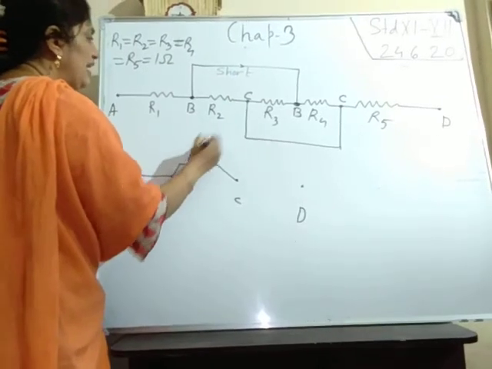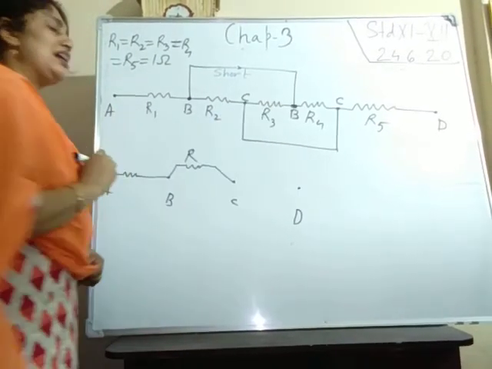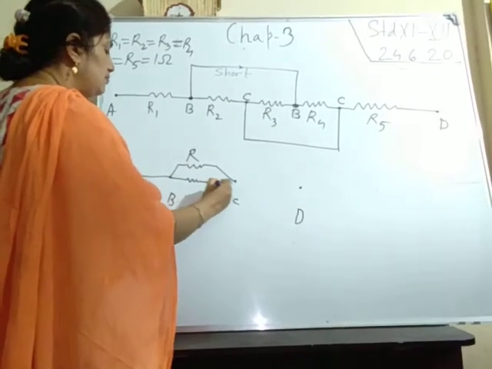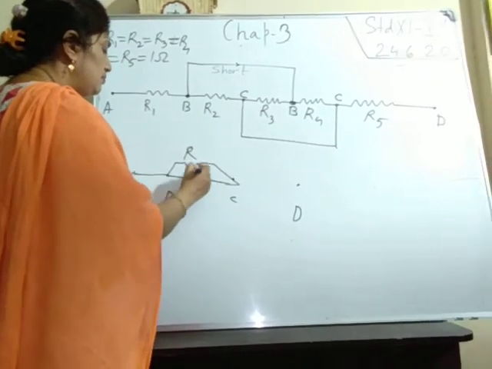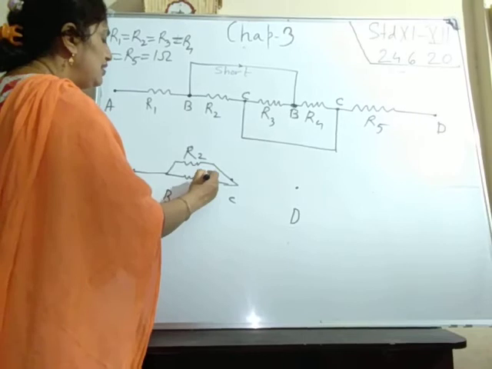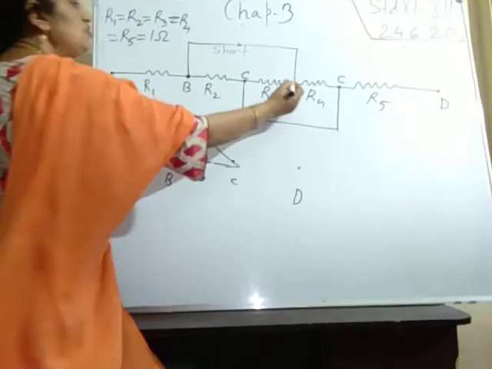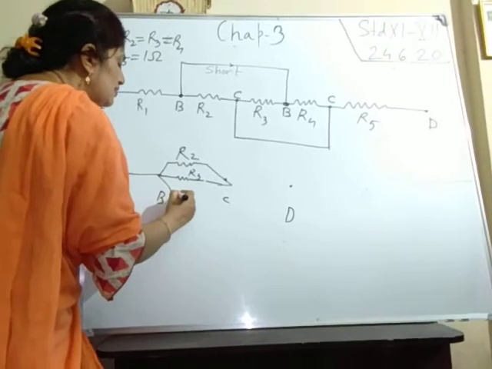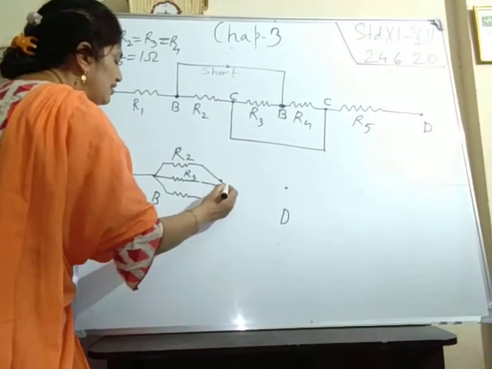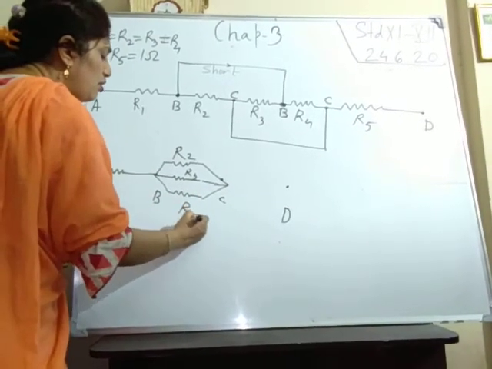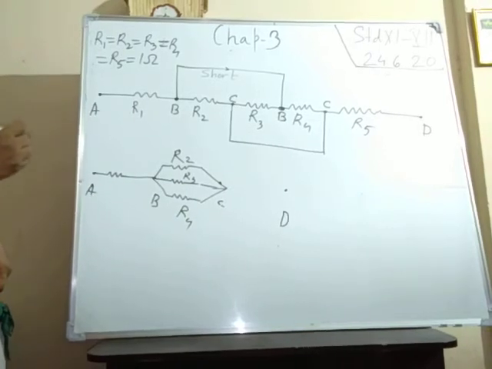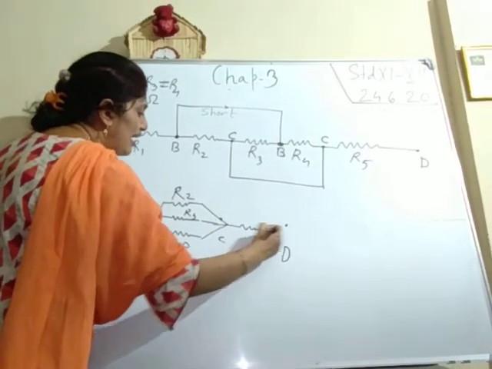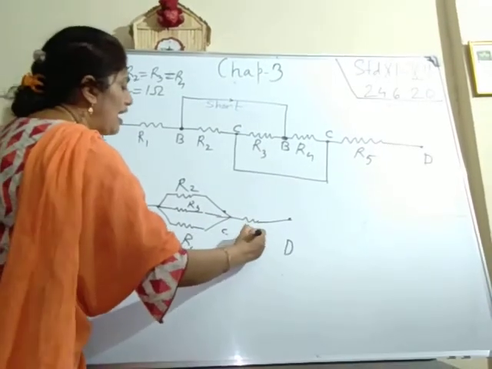Again, from B to C, R3 is also connected, and from B to C also R4 is connected. That means R2, R3 and R4 are all in parallel combination. Now from C to D there is another resistance R5.